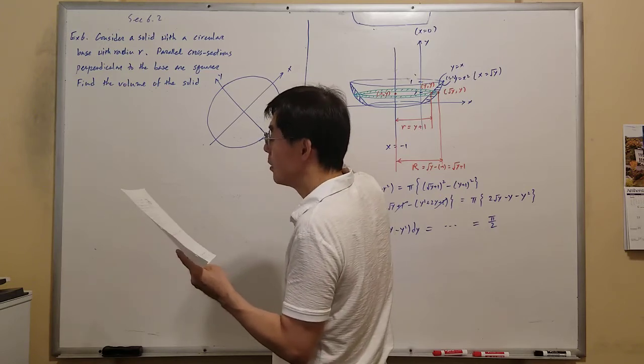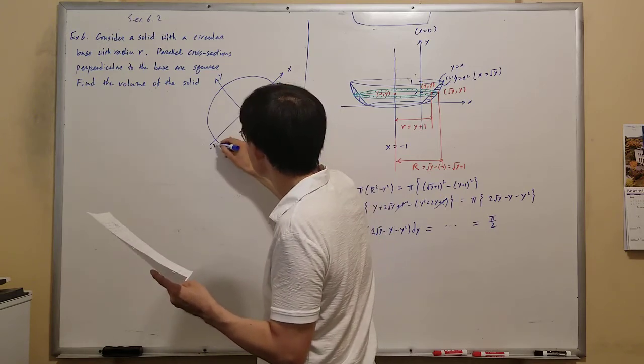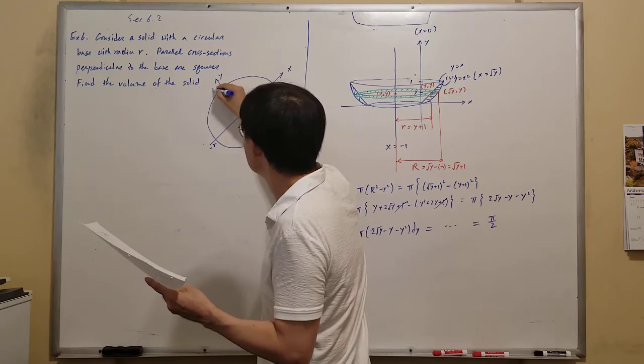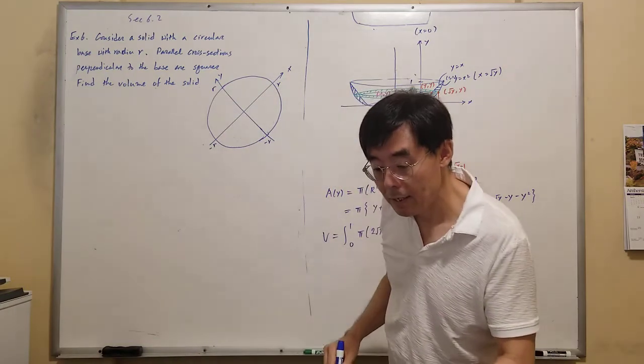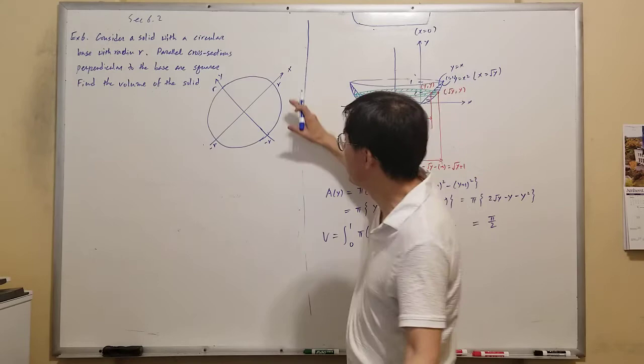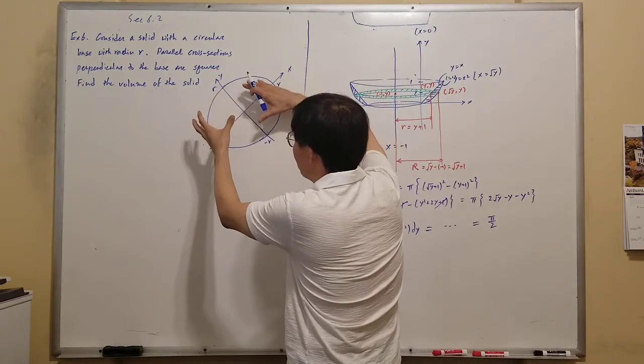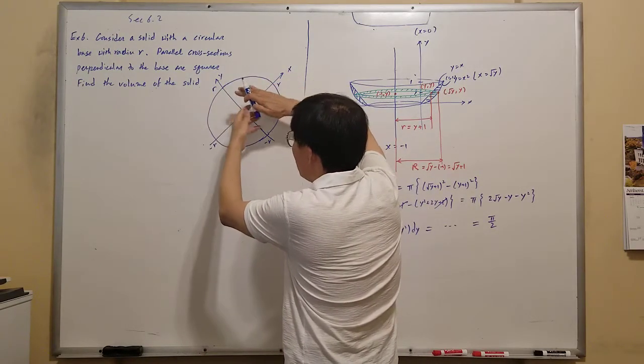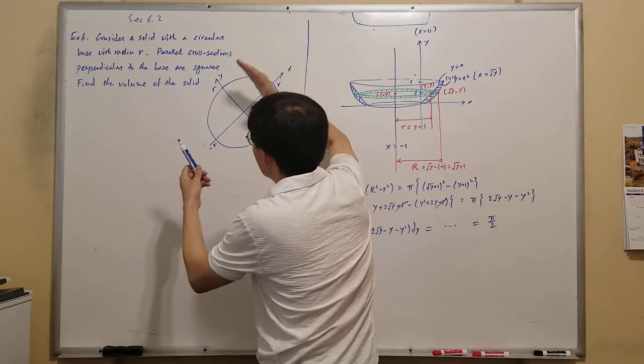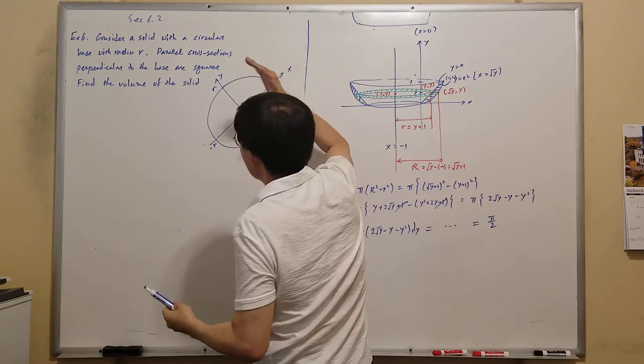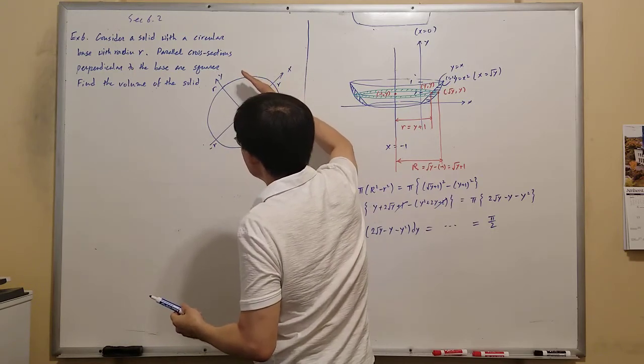It's a circle of radius r. And there's a lump of solid, but this solid has parallel cross sections perpendicular to the base that are squares.